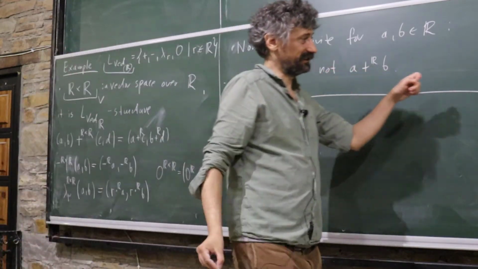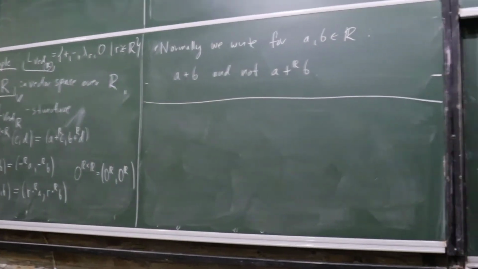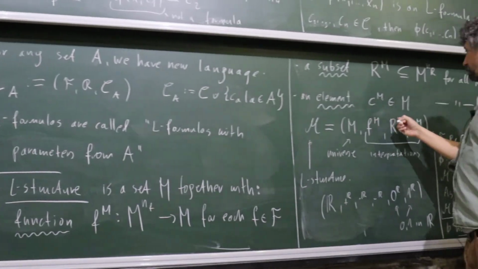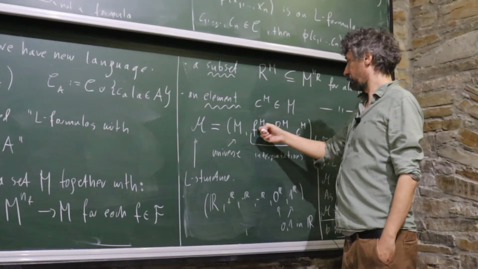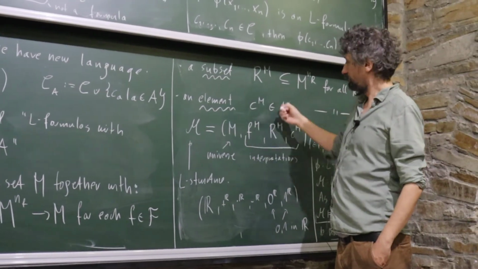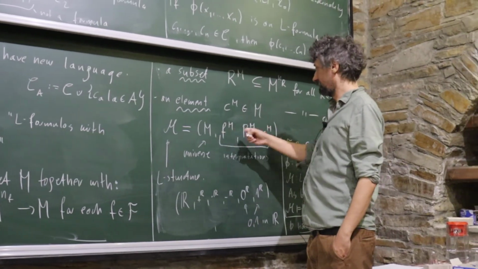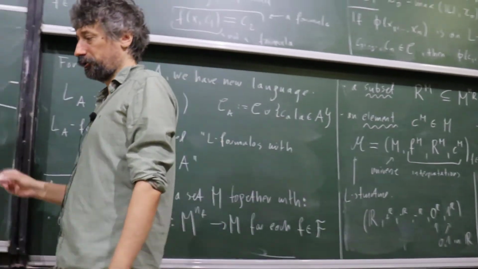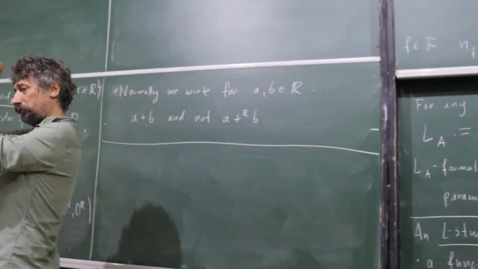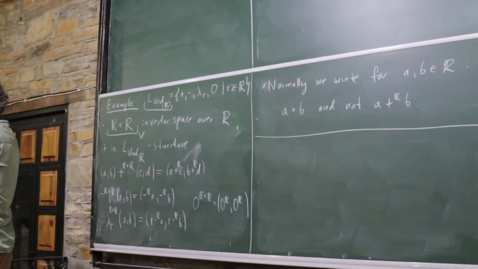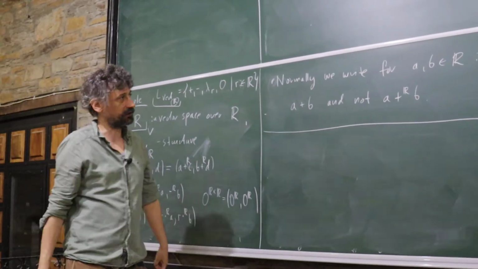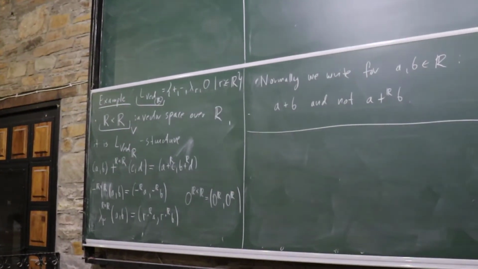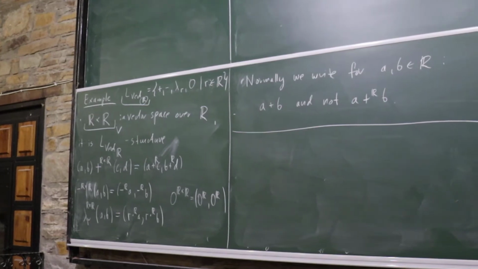These superscripts will be very quickly forgotten, and it will always be understood what the particular interpretation of the symbols is in a given universe. Like in a group, we don't write the group operation with some superscript G, we just always write the same dot. So here it's a similar thing, but it may be confusing at first.